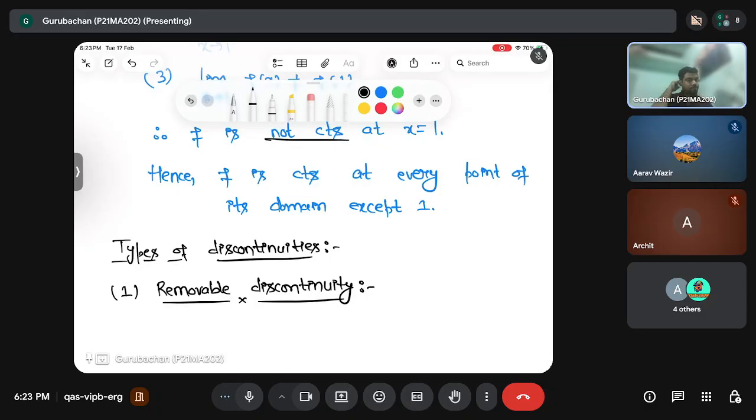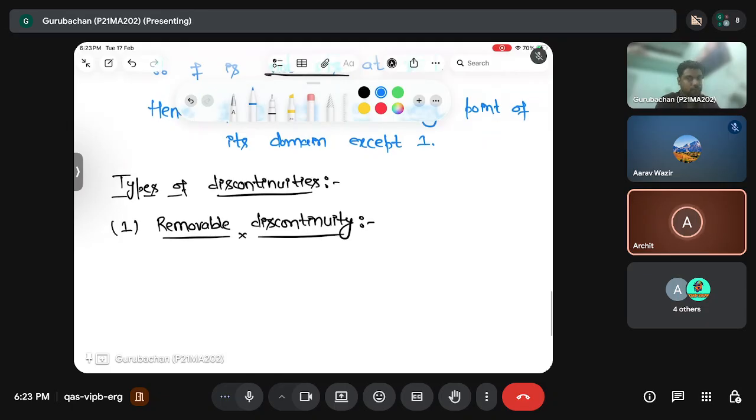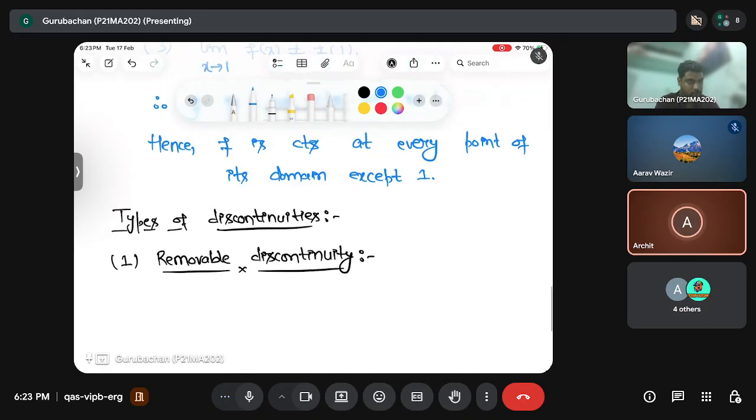Anyone? Sir, when the limit of the function exists, but the function is not defined at that point. Okay. For example, limit x tends to 0 of sin x by x is 1, but sin 0 by 0 is not defined.